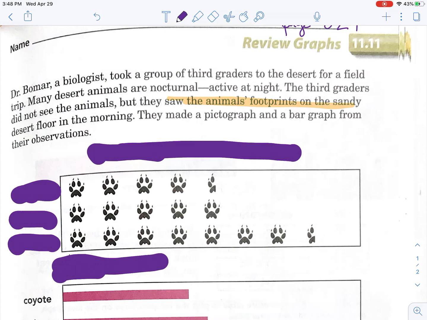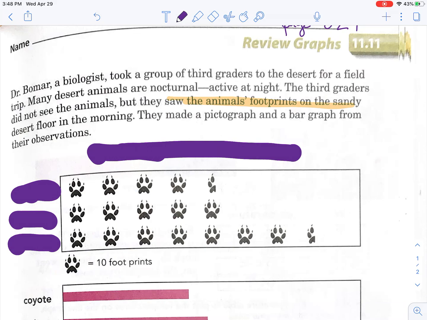What could you tell me from this graph? I don't know. Maybe there's 4.5 dogs somewhere. And then literally, you don't know what this means.